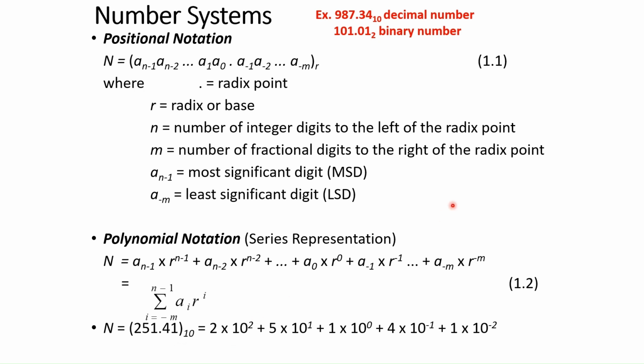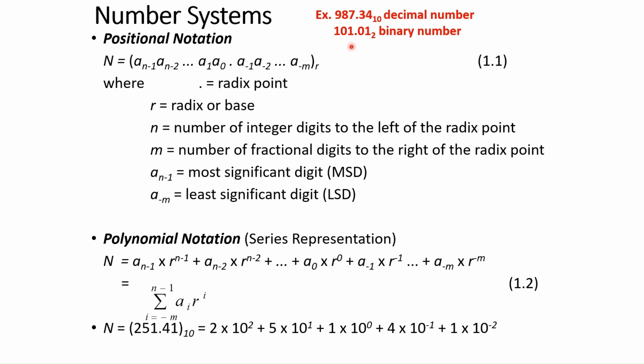The same thing we can do for the binary number. What value does it represent? It will be 1 times 2 squared, that is 4, plus 1 times 2 to the power 0, that is 1. So the integer part is 5, and in the fraction part it is 1 times 2 to the power minus 2, that means 1 divided by 4, which is 0.25.